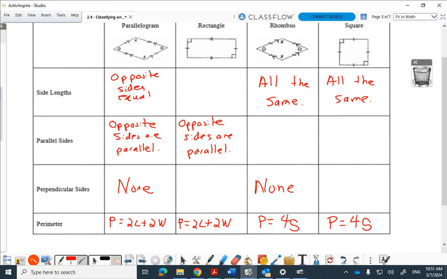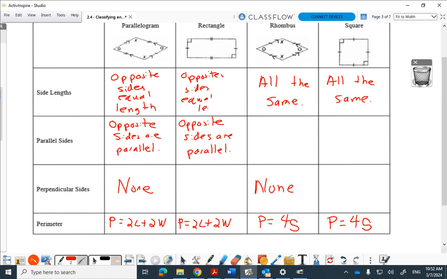No, I'm trying to help. Opposite sides equal slope, equal length. No, equal length is what we're looking for here. And that's the same for rectangles, right? Opposite sides equal length.